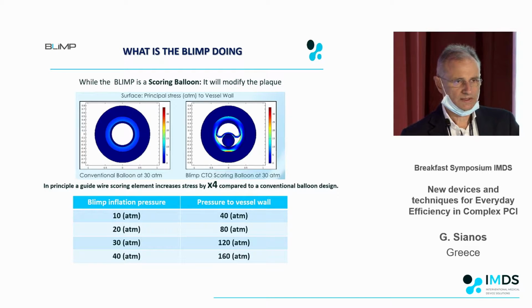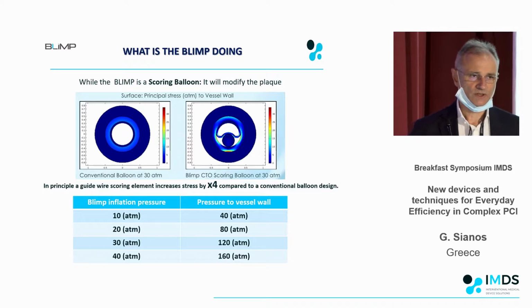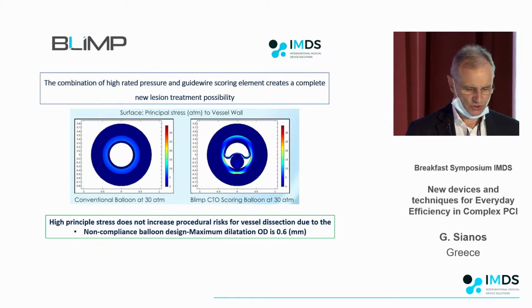And the balloon is designed to reach 30 atmospheres, so if you reach that, you can exert up to 120 atmospheres on the vessel wall, and you understand that this is big power to be able to crack even the toughest tissue.